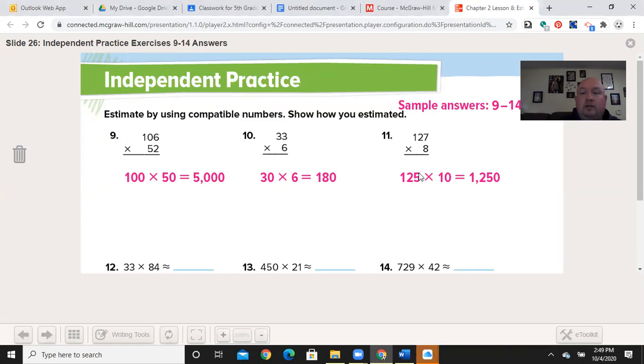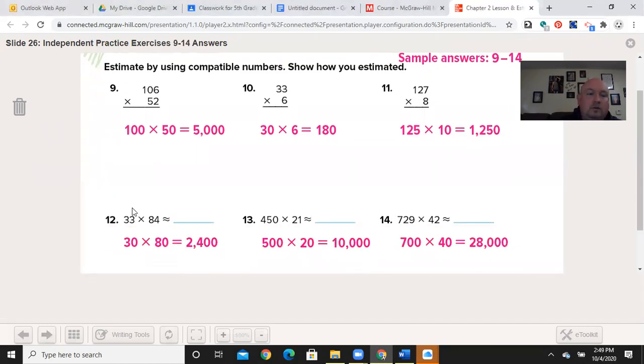Could they have gone 130 times 10? Absolutely, would have been fine. 33 times 84, that's close to 30, and that's closer to 80. So it's about 2,400. 450 times 21, they rounded this one to the hundreds place, this one to the tens place, and you got 10,000. Here again, rounded to the hundreds place and to the tens place, 28,000.